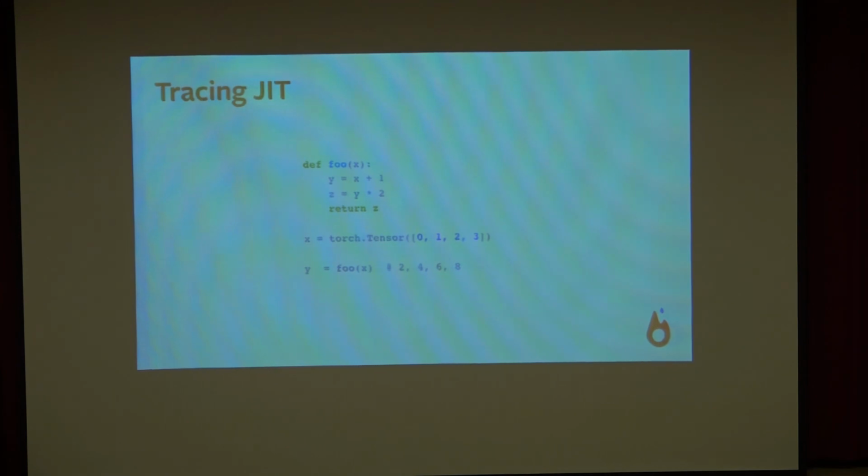And the way we are implementing our JIT in the initial release is we have what we call a tracing JIT, where the first time that you run your program, it will trace through all of the operations that are happening on your tensor, and in the subsequent time that you run the program, it won't actually run your Python function, it will actually run your trace that it has optimized.